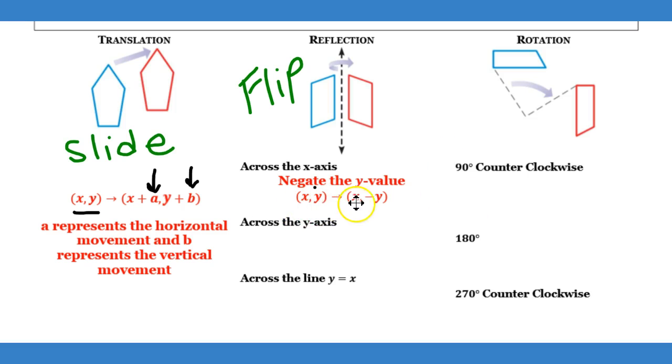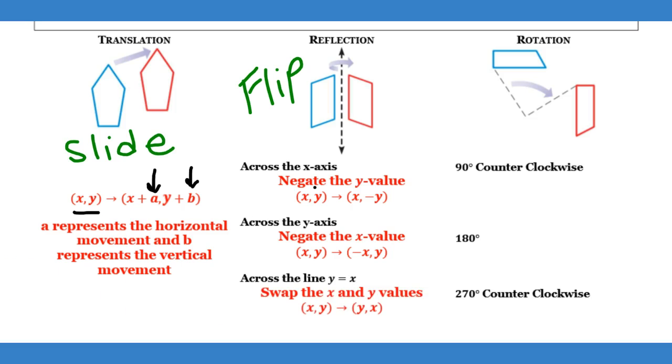So whatever x, y is, you're going to make the y value the opposite sign. If you want to flip across the y-axis, then you will make the x sign opposite. And if you want to flip across the line x equals y, then you will switch your x and y values.